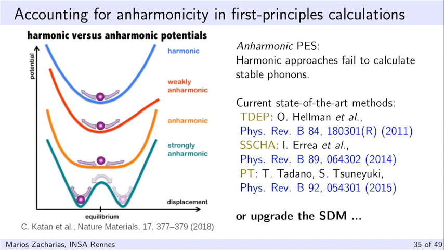However, we can update our phonons using either current state-of-the-art methodologies like the TDEP or the SSCHA or perturbative approaches, which are all described in these references here, or we can actually apply the special displacement method, because the special displacement method and these approaches here are actually brothers and sisters. I mean, they just evaluate the same thing, but with a different observable.